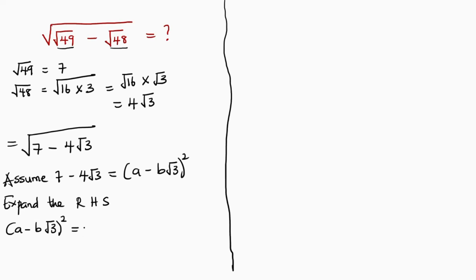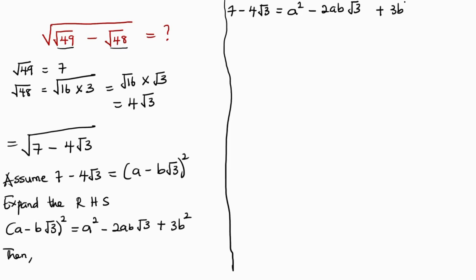Expanding this, we have a squared minus 2ab root 3 plus 3b squared. So once we expand this, we are going to have this right here. So then this becomes 7 minus 4 root 3 is equal to a squared minus 2ab root 3 plus 3b squared.